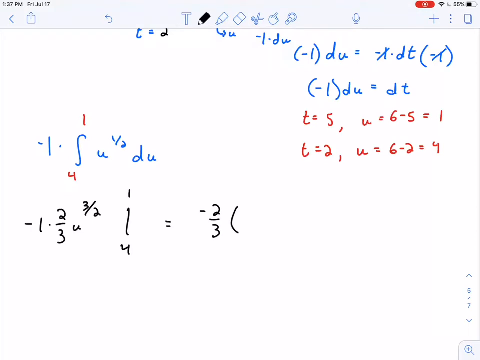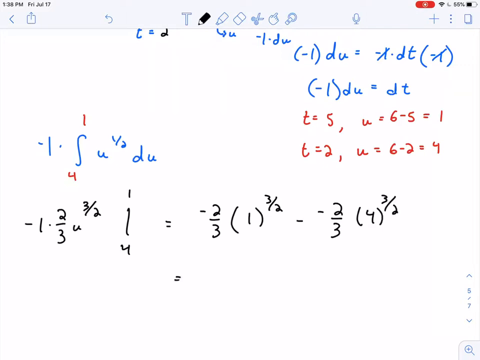Notice I'm not going to take my 6 minus t and plug this back in for u. Since my upper and lower limits of integration are in terms of u already, I don't need to plug 6 minus t back in. So -2/3, my upper limit of integration is 1 to the 3/2 power, minus -2/3 times 4 to the 3/2 power.